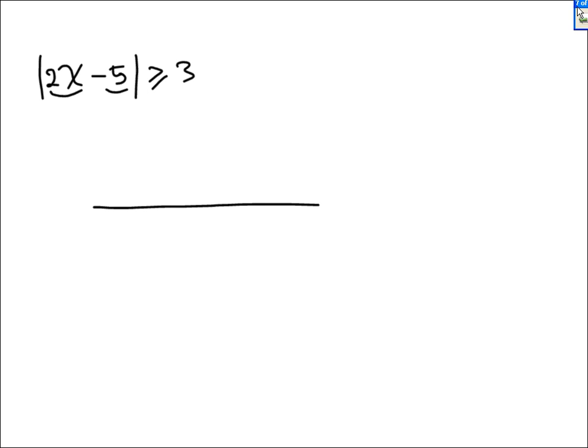Now, okay, let's do this problem. The absolute value of 2x minus 5 is greater than or equal to 3. The distance between 2x and 5 is more than 3. So here's 5. I go more than 3 to the right, more than or equal to.